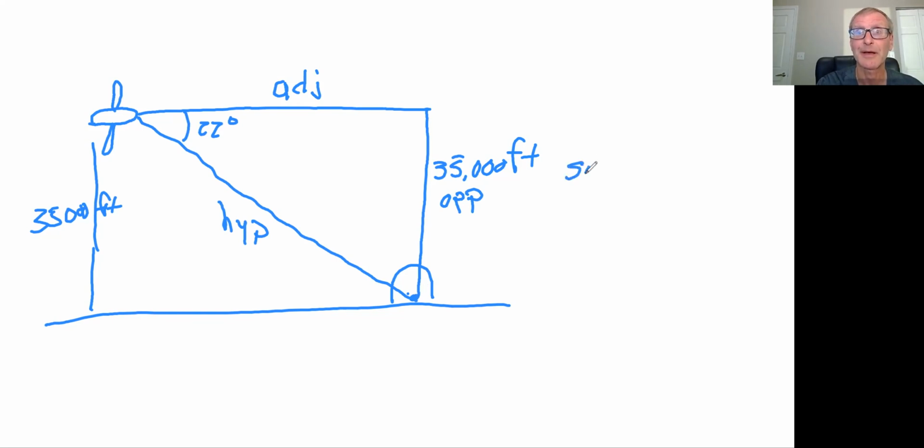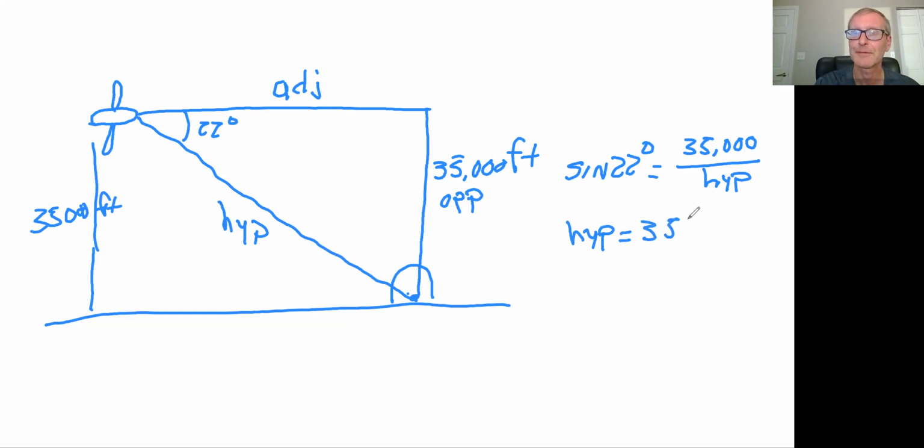So we have sine of 22 degrees, which would equal opposite, which is 35,000, divided by the hypotenuse, which is what we're trying to calculate. So doing a little bit of algebra, we'll flip-flop this, and the hypotenuse will equal 35,000 divided by sine of 22 degrees.